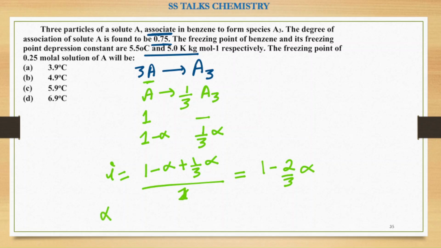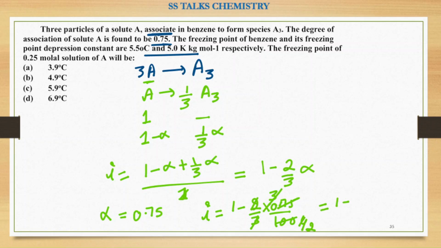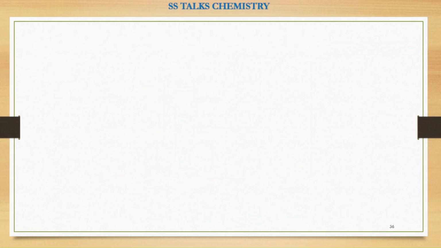Now alpha, the degree of association, is 0.75. So I is 1 minus 2 by 3 into 0.75. The 3s cancel out, giving 1 by 2. So I is 1 minus 1 by 2, which equals 0.5. Okay, so this is the I value.